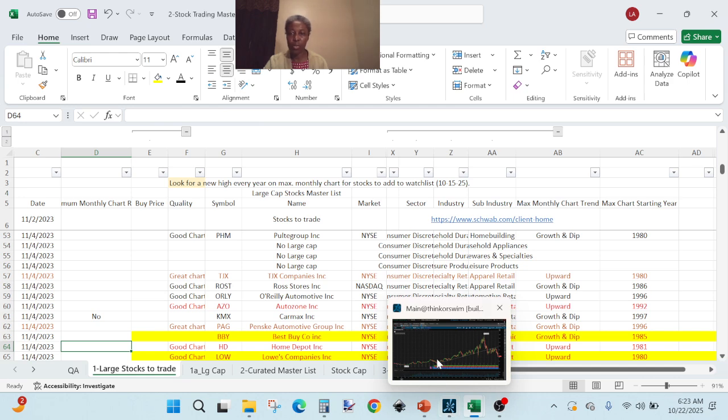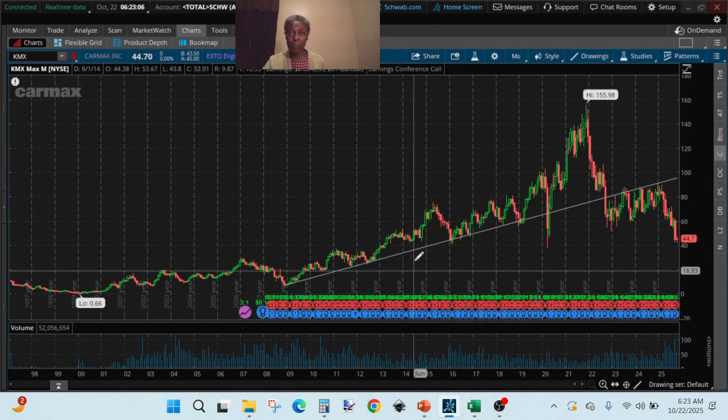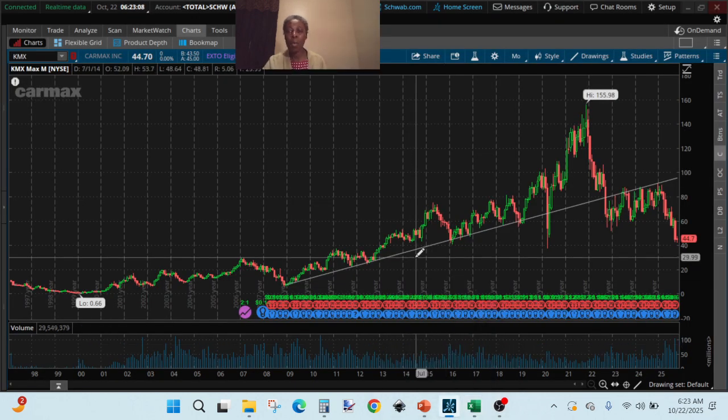So this will conclude this session for how I'm analyzing those charts to see if I want to include them in my preliminary list of stocks to swing trade in 2026.